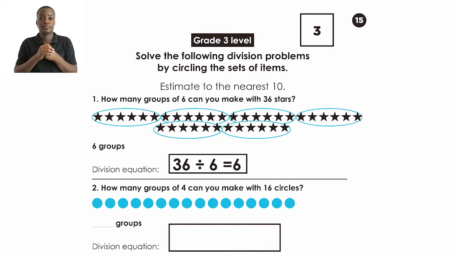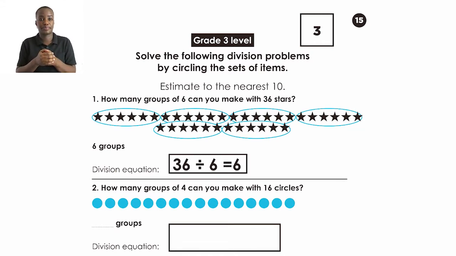Then we put the number 6, but this one is from the question. And then we put our equal sign, which will say equals 6. The second 6, we got it from the number of groups. You are going to do this for all of them, as shown in the example.